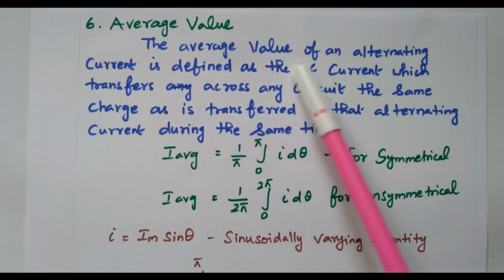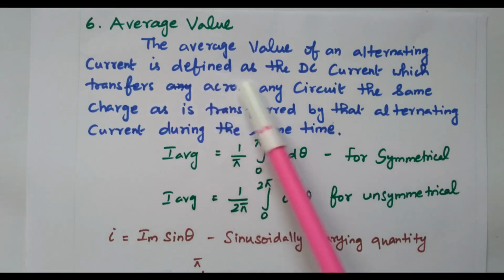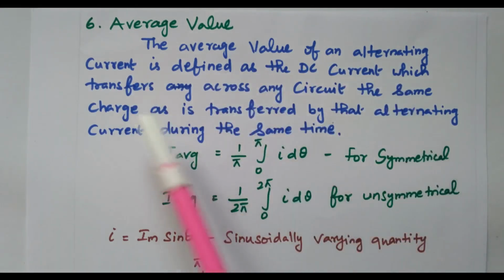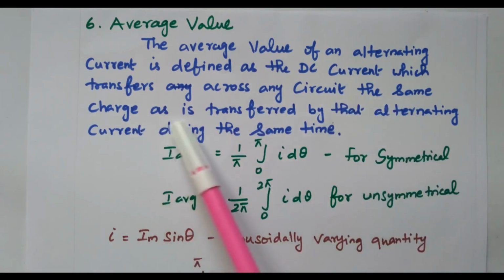The average value of an alternating current, here we refer to the current, is defined as the DC current which transfers across any circuit the same charge that is transferred by the alternating current during the same time. So the average value in general is nothing but adding all the values and dividing by the total.